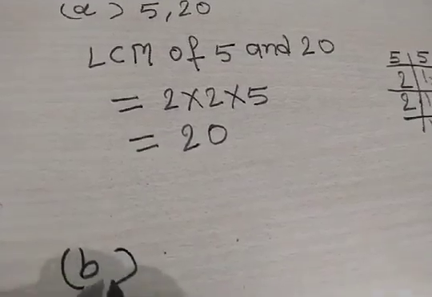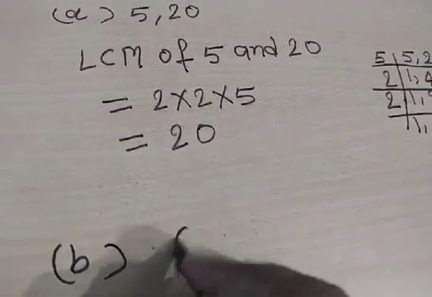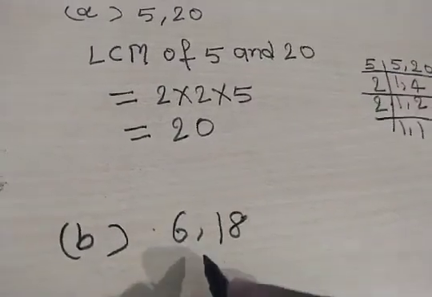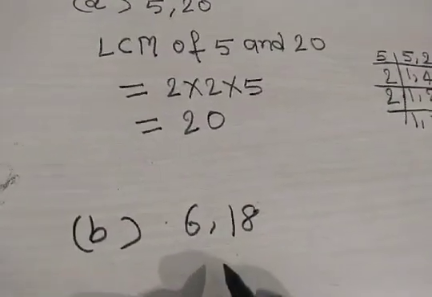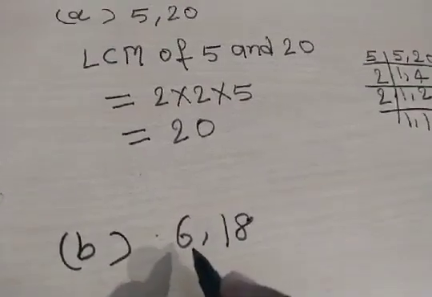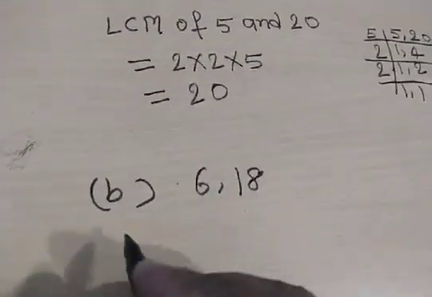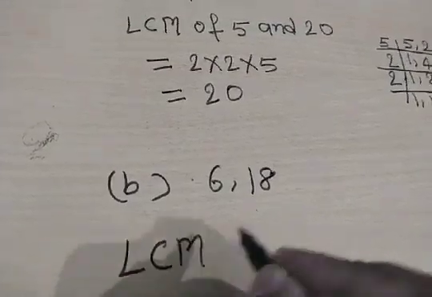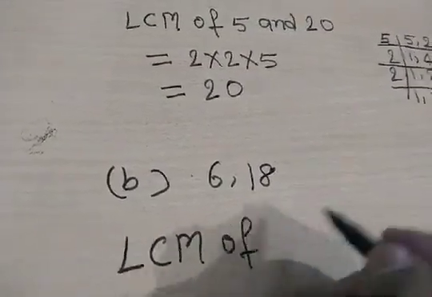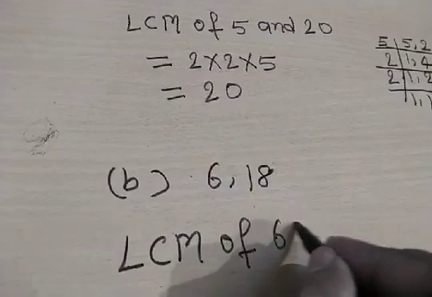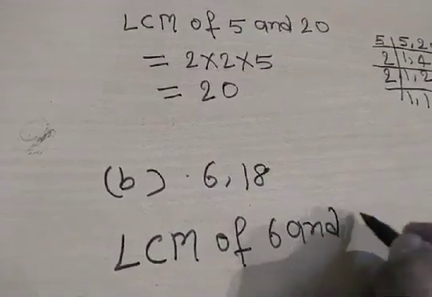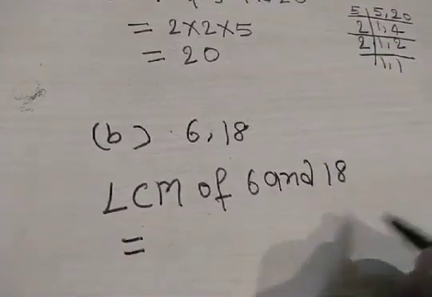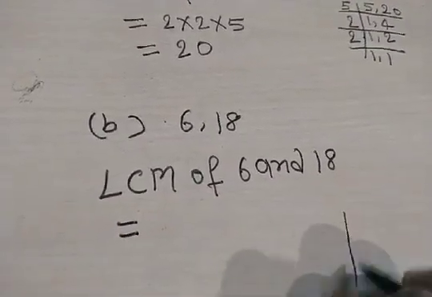B part is 6, 18. Here you can see 6 is a factor of 18, because 6 divides 18. So the LCM of 6 and 18 we find by the division method.